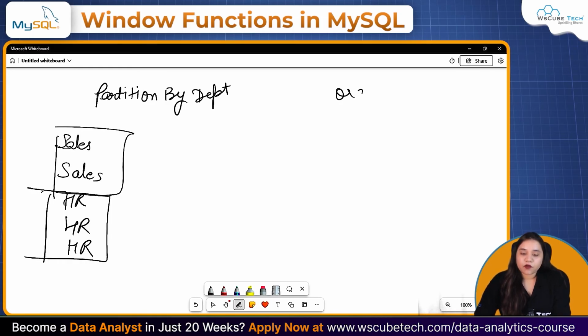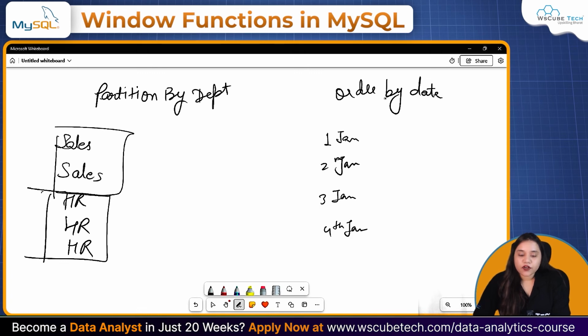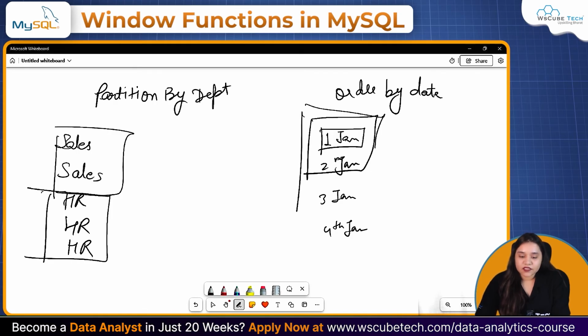Let's say if I put order by date. Order by date would be nothing but, based on date, we'll be getting the ascending or the descending order. So now the partitions over here, when I say it is 1st Jan, 2nd Jan, 3rd Jan, 4th Jan, the first partition is this, the second one is this, the third one is this.